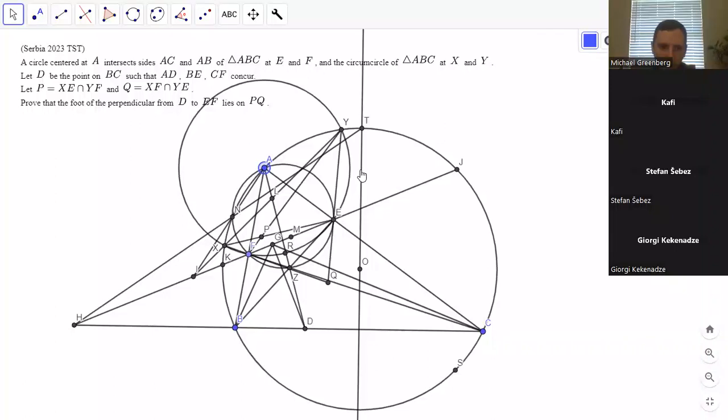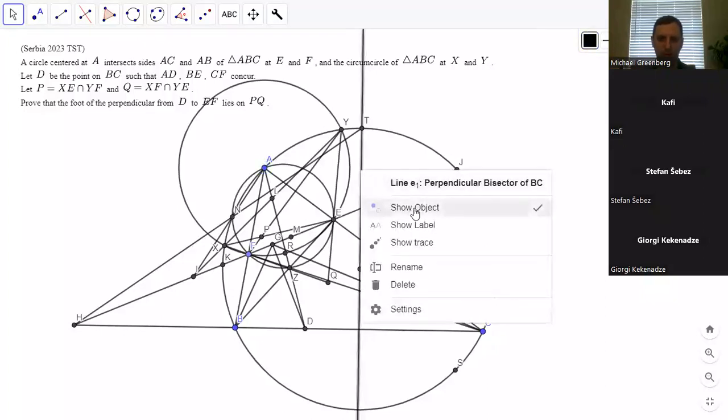So how do we know T, N, and H are collinear? That can't be, it's very hard to show. Okay.